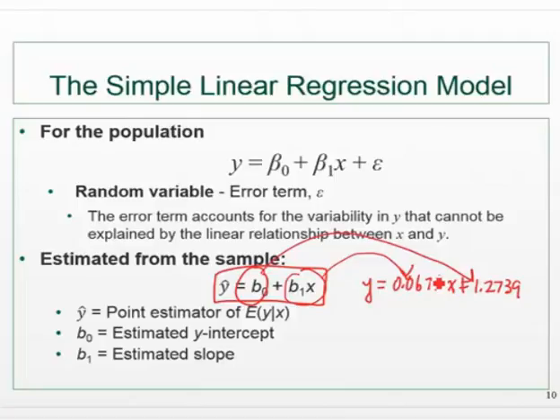And is this definitely the correct relationship? No. It's just based on 10 points. It's just 10 rows of data. So this is just an estimate from a sample of data. Now, in general, this trucking company has a lot of driving assignments, not just 10. So 10 is just 10.